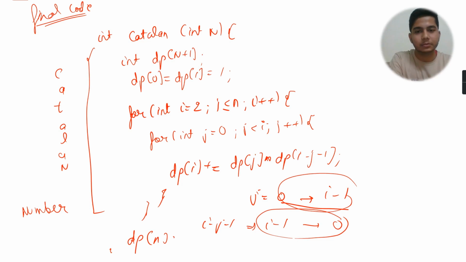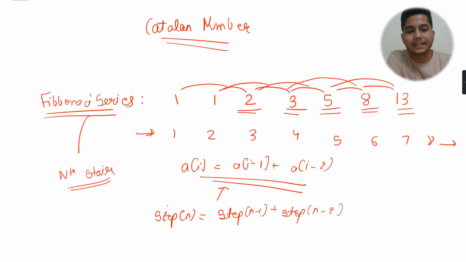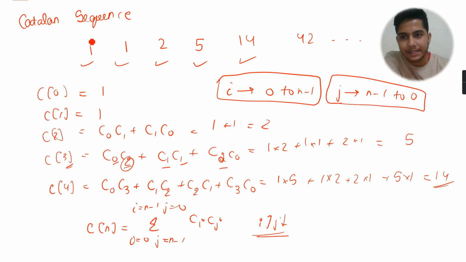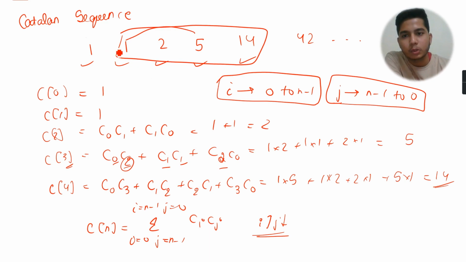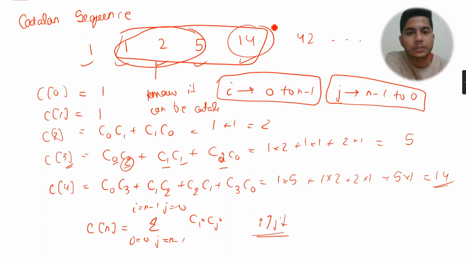Now the question arises: when do we have to use Catalan number? Whenever we see a specific condition like this, right? 1 to 5, we know it can be Catalan. After 1 to 5 it's 14.